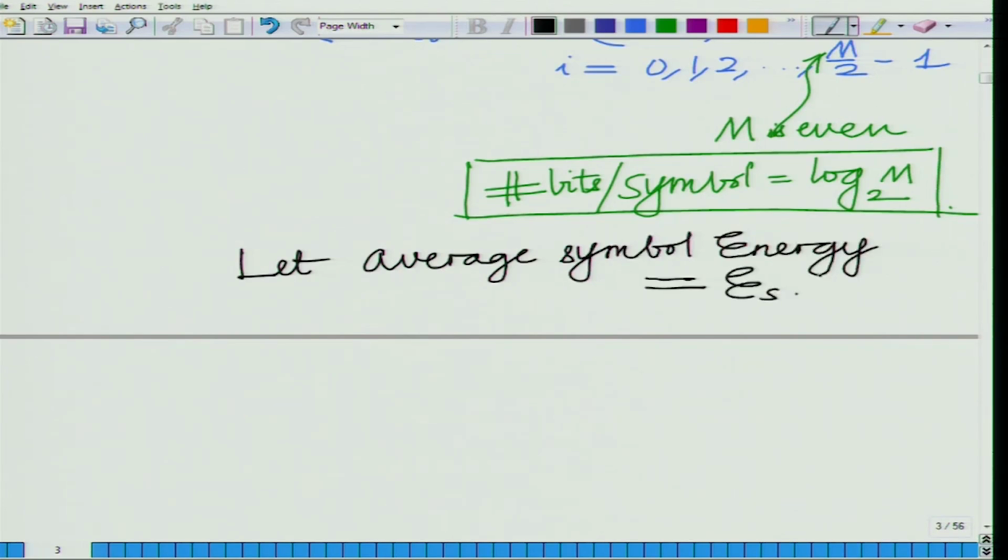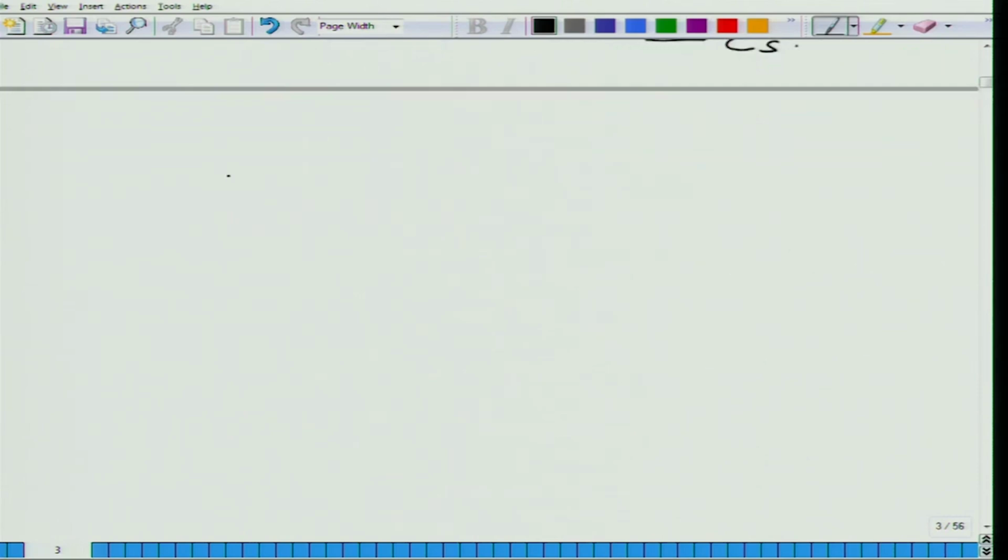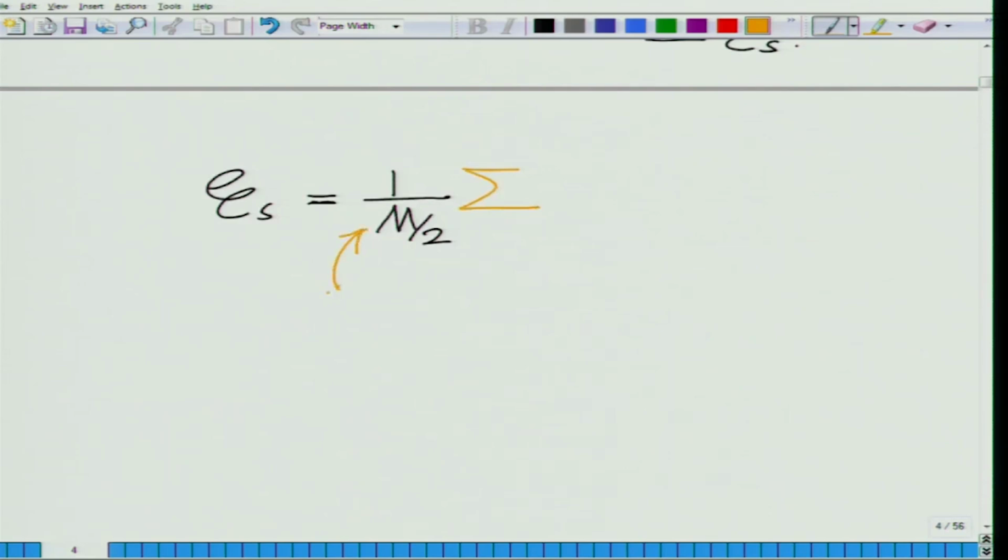By symmetry, the energy of the symbols on the right of 0 is equal to the energy of the symbols on the left of 0. So I am only going to look at half of the axis, M by 2 symbols, by symmetry.